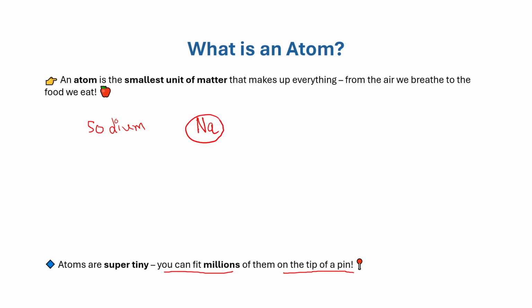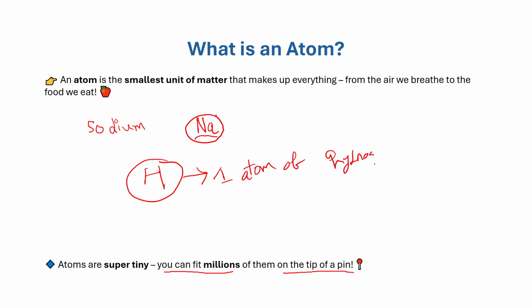And suppose hydrogen, one atom of hydrogen is denoted by H. Just H is the symbol for just one atom of hydrogen.